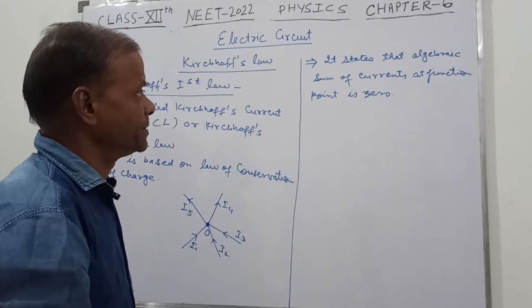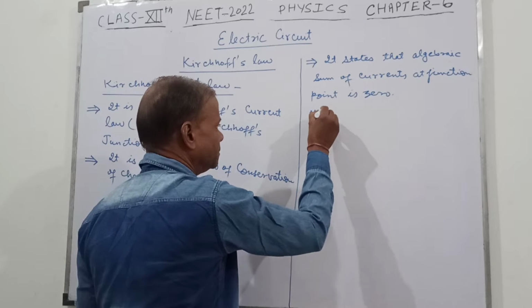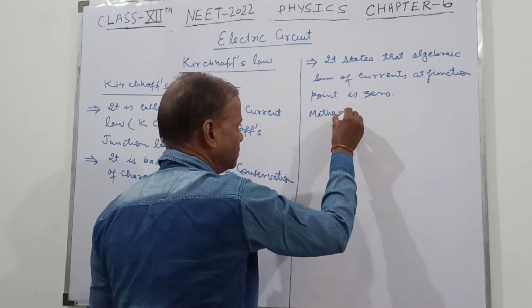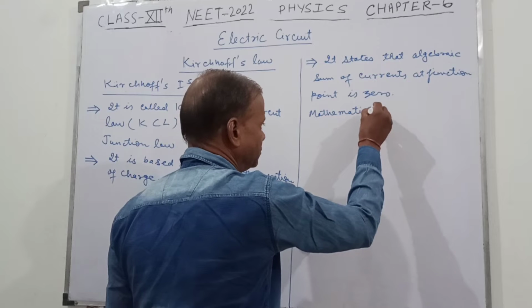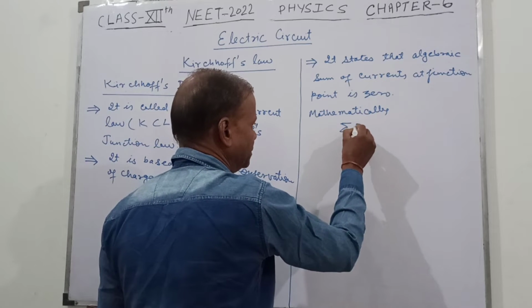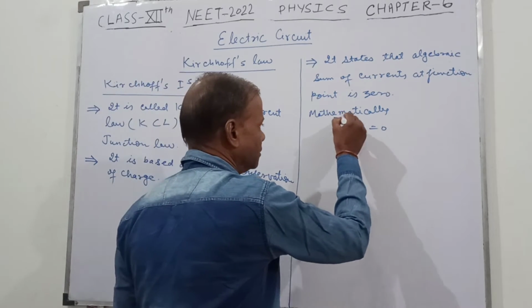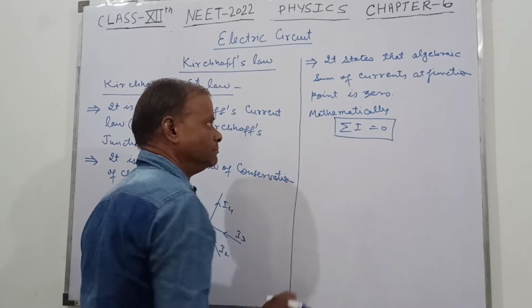Algebraic sum of currents at junction point is 0. So mathematically, summation I is equal to 0. This is the mathematical formula of this law.